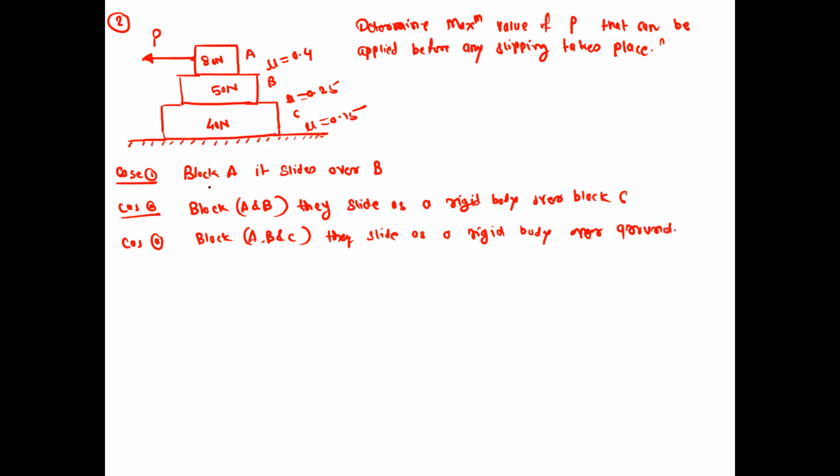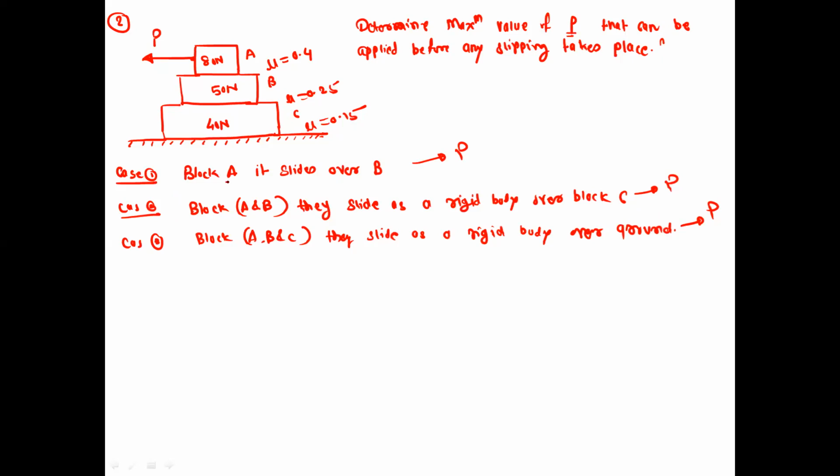Okay. So for each case, we will find out the P value. And from this, we will decide what is the maximum value that we can apply before any slipping takes place. So these are the 3 different cases for the slipping.